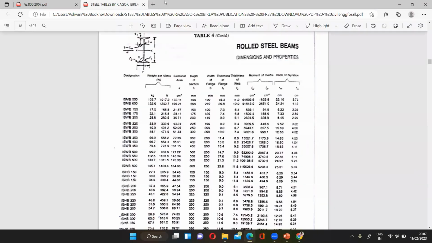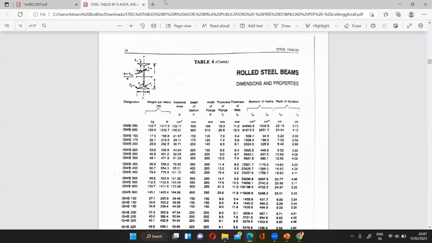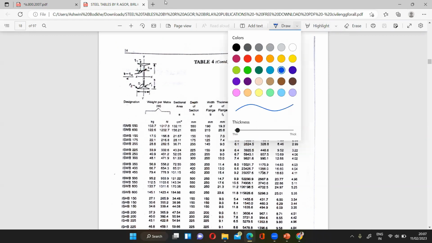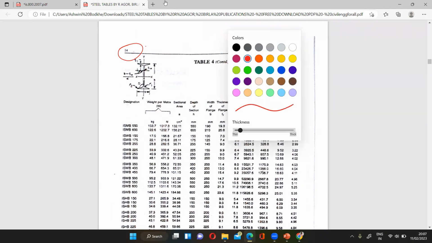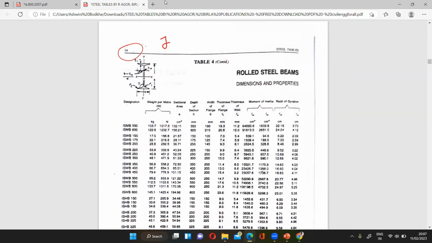I have already opened this page, page number 14. ISHB, that is Indian Standard Heavyweight Beam, 200 is given. This is a rolled I section beam.